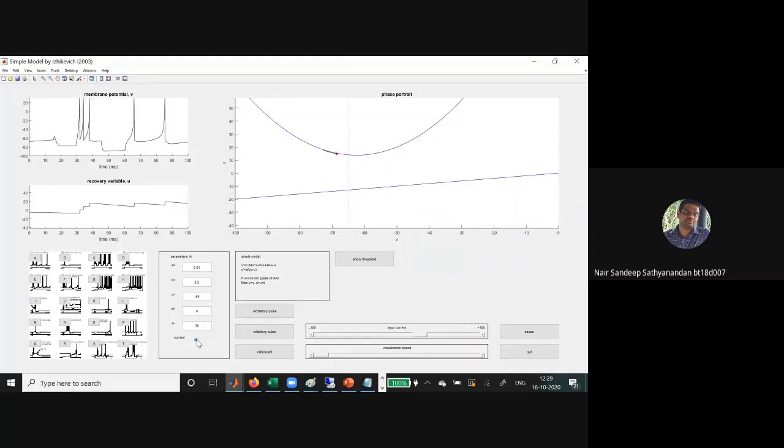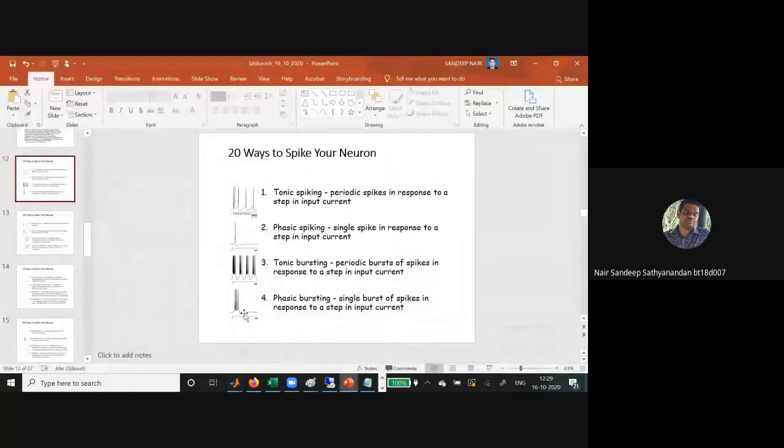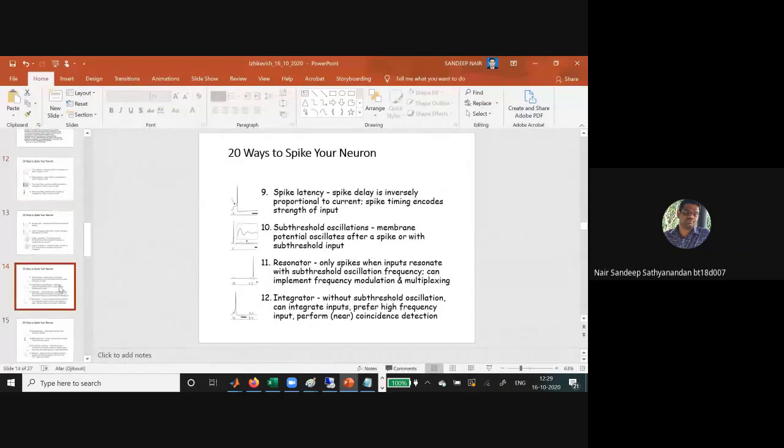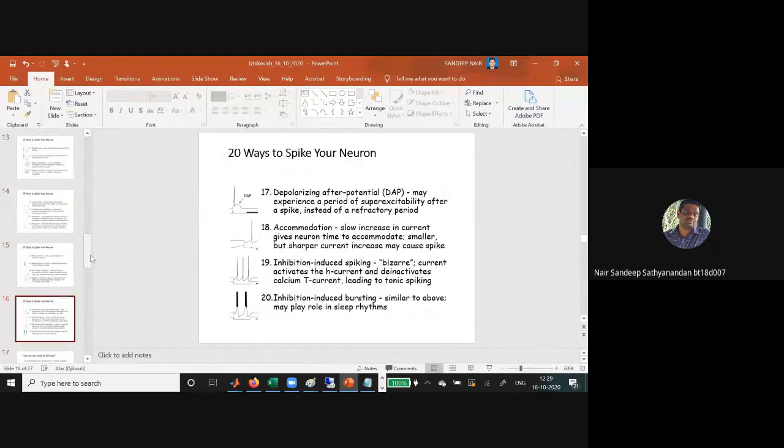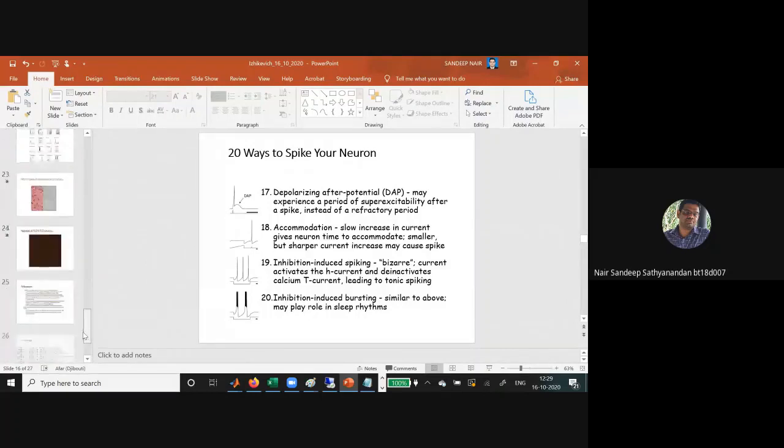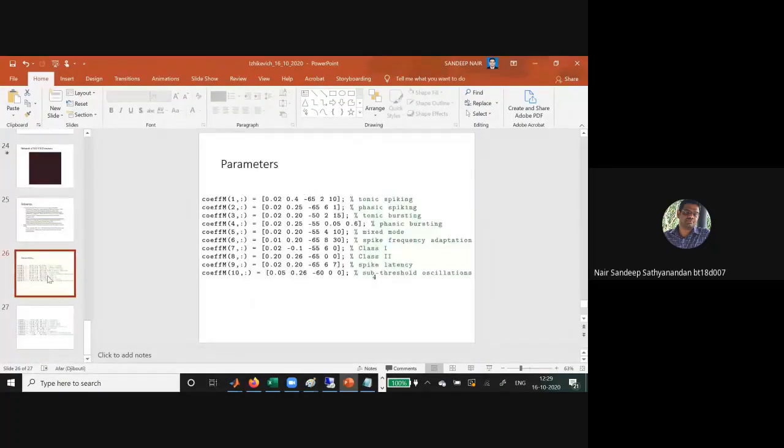So there are a few more that we have covered, around 7. There are 20 different behaviors which can be simulated with this. I've summarized everything. The only thing you need to do in order to generate all these 20 different types of behaviors is provide the different parameters to the model, that is A, B, C, D, and then I, that is the input current.